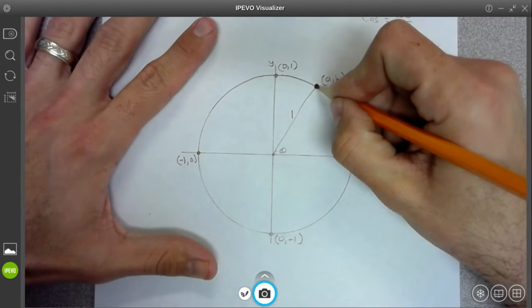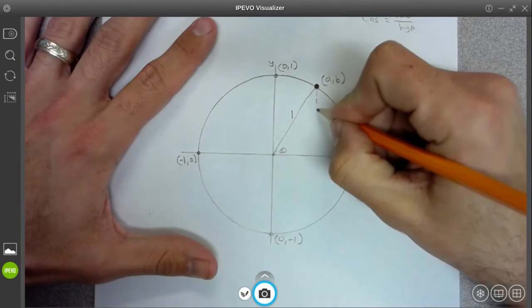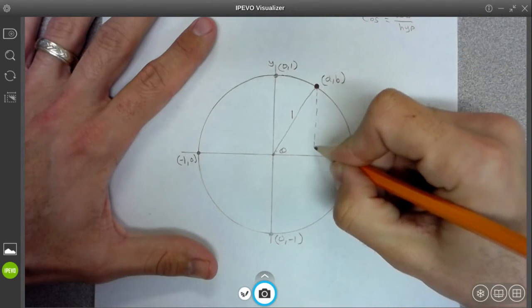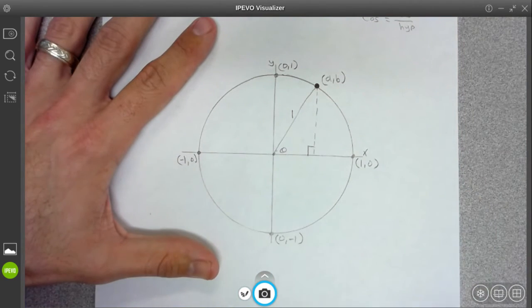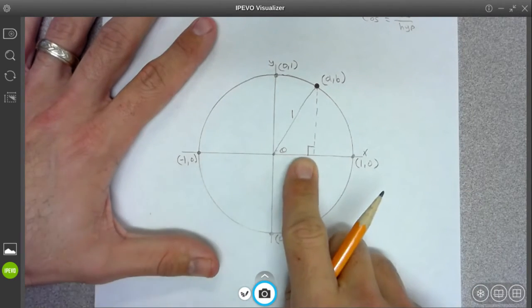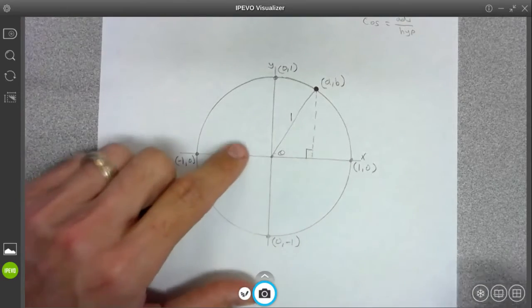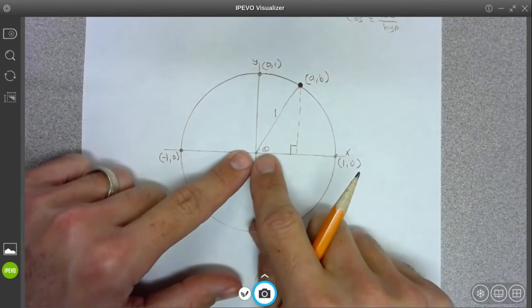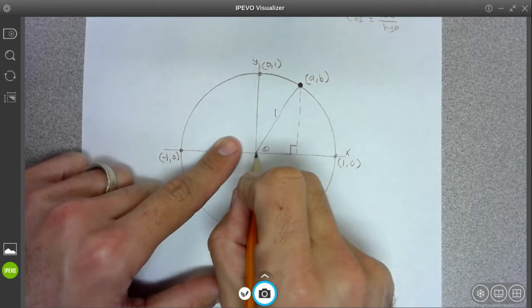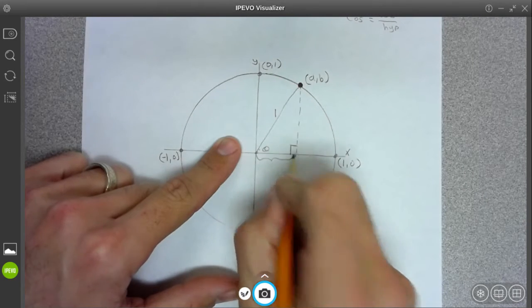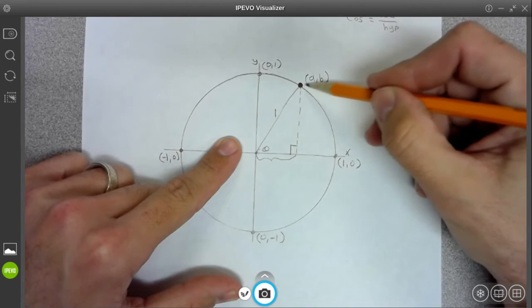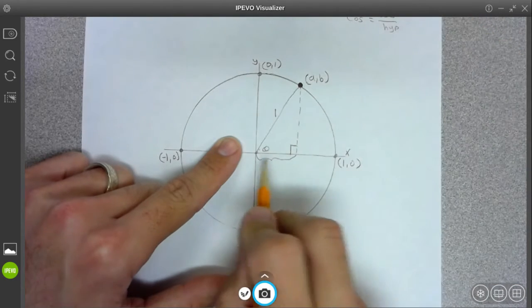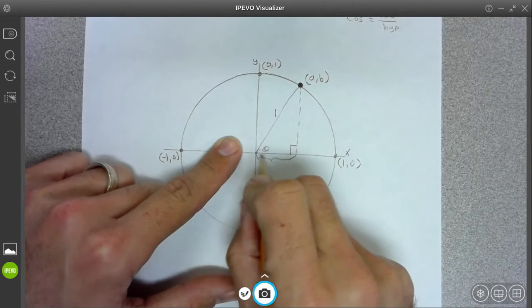Next, I'm going to drop a little altitude. It's going to meet my x-axis right here at a 90-degree angle. And this is where your right triangle trigonometry comes in handy. Notice this little distance right here, because point AB is right here, this must be that A value, that horizontal distance.